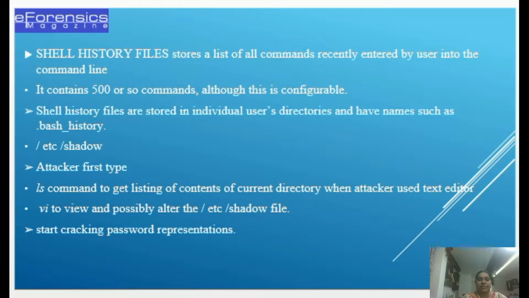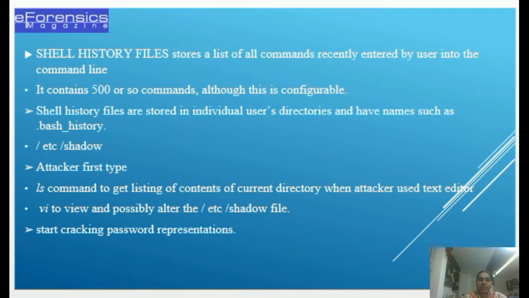Whenever a user types in a Linux or Unix command, the shell stores the command typed, maintaining a history of interaction with the system. Shell history contains around 500 or so commands, although this is configurable. The command shell uses this history to allow the user easy access to previously entered commands. It makes repeating commands easier to enter.